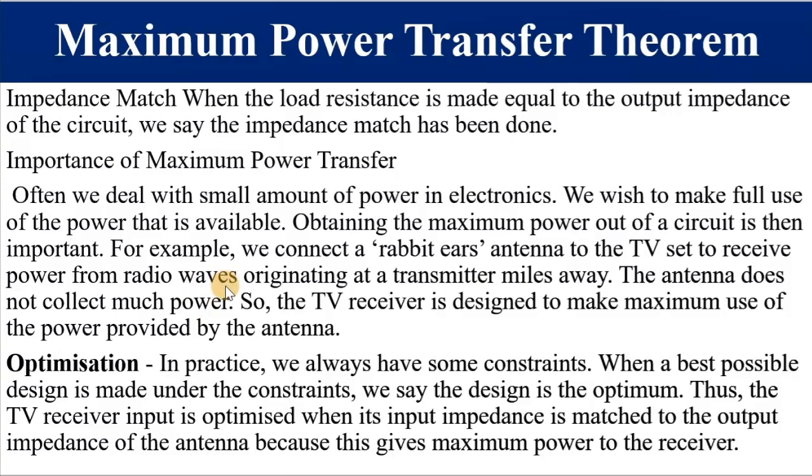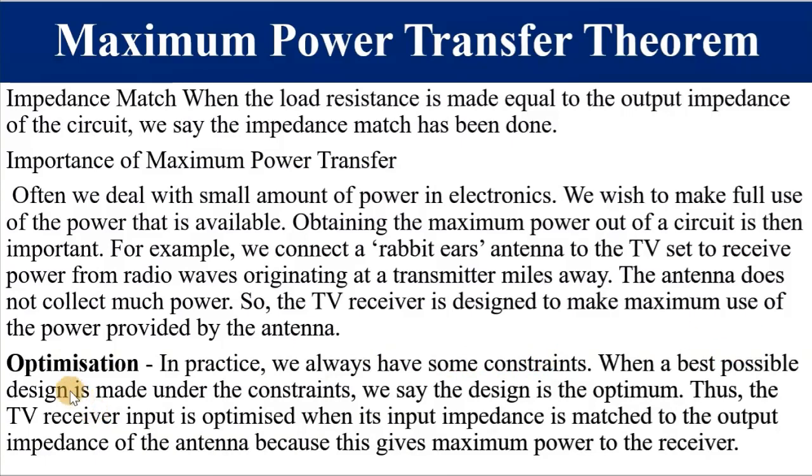So what do we do? We design the TV so that it is able to make maximum use of that small power intercepted by the antenna. Antenna is another name for aerial, those satellite dishes we install at our places. What do we mean by optimization? In practice, we always have some constraints.